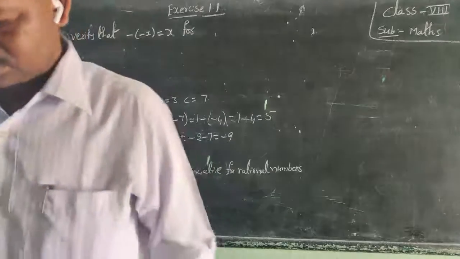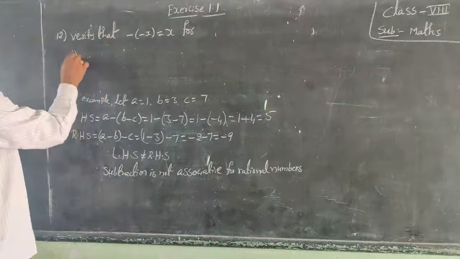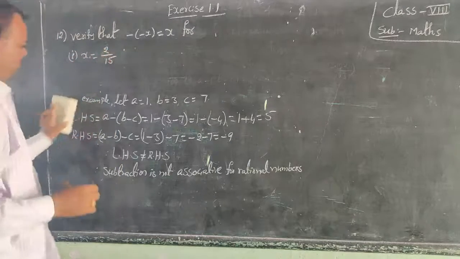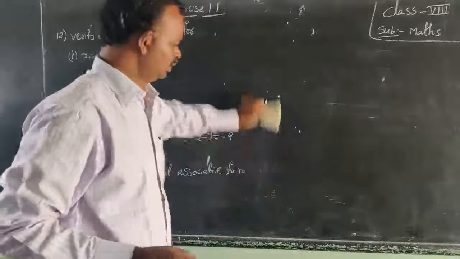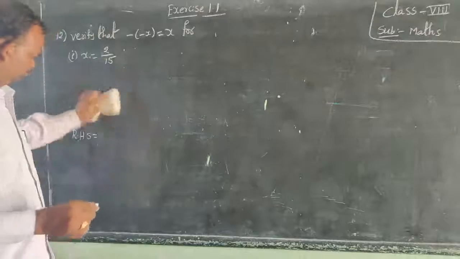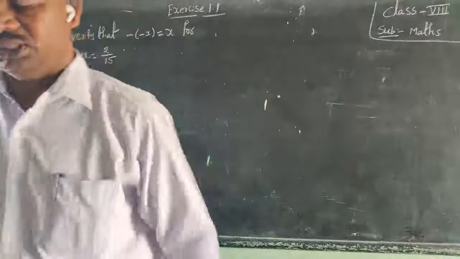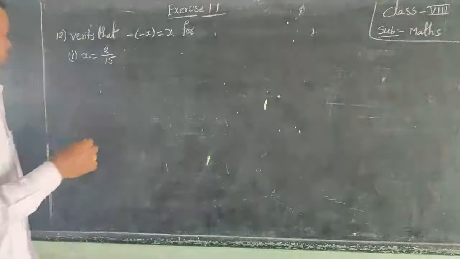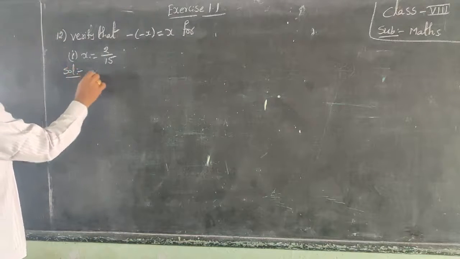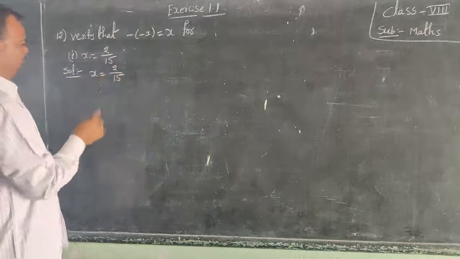First one, x is equal to 2 by 15. Solution: x is equal to 2 by 15.